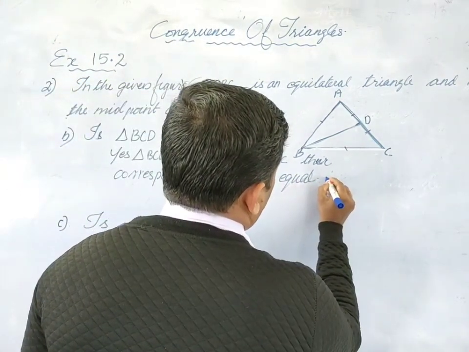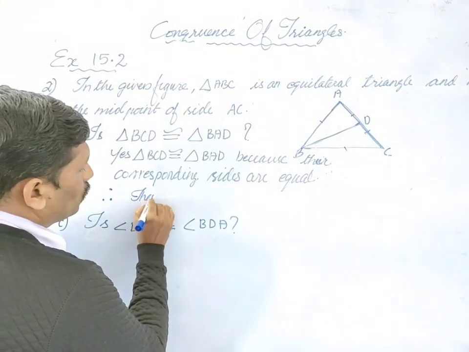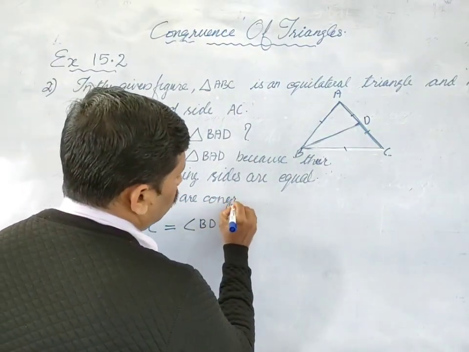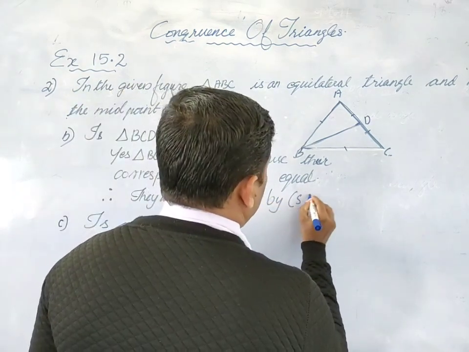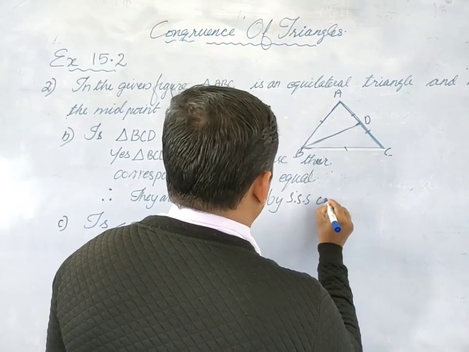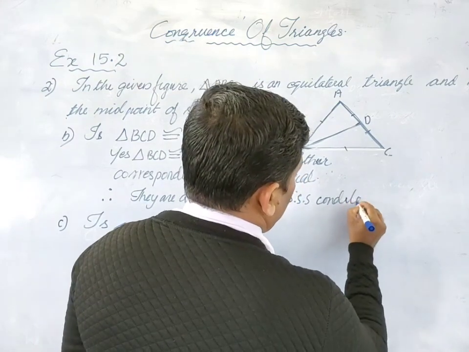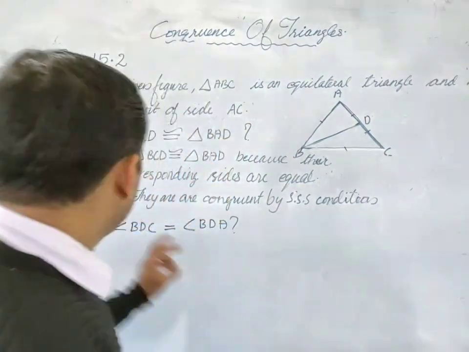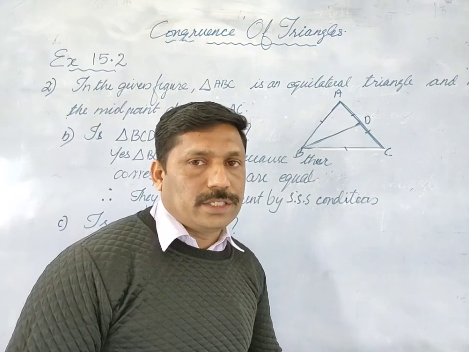Therefore, they are congruent by SSS condition. These two triangles, triangle BCD and triangle BAD, are congruent by SSS condition.